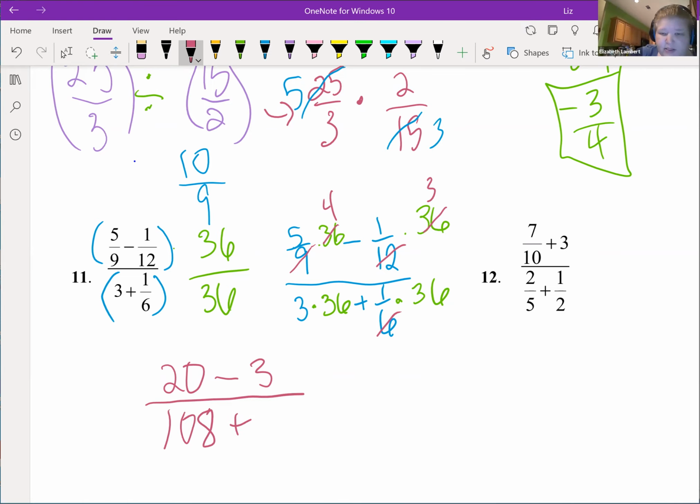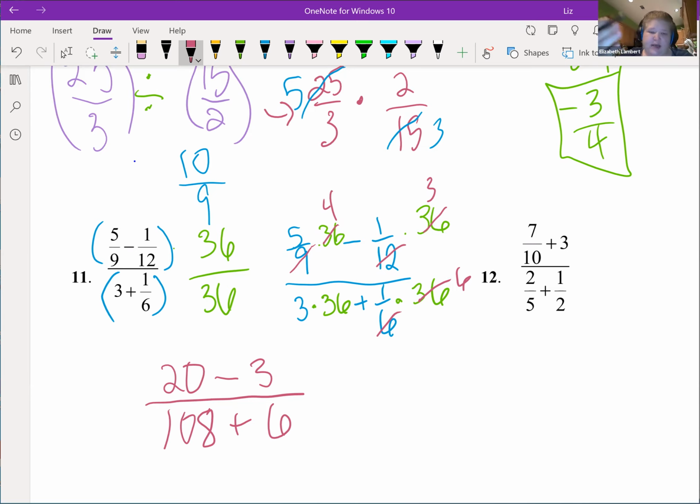Plus the 6 goes into the 36 6 times. Poof. Now we just have the one big fraction. All the little fractions are gone. There's another way we can do this when we start looking at equations that will get rid of all the fractions in the same way. Figure out the common denominator of all your fractions and multiply everything by it.